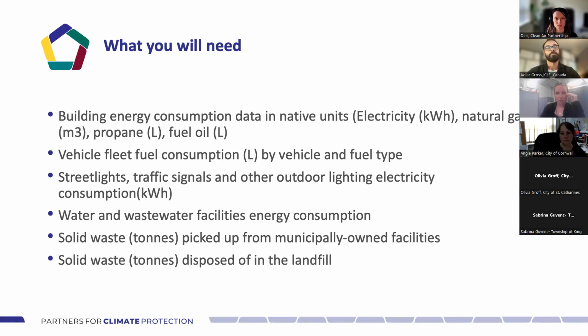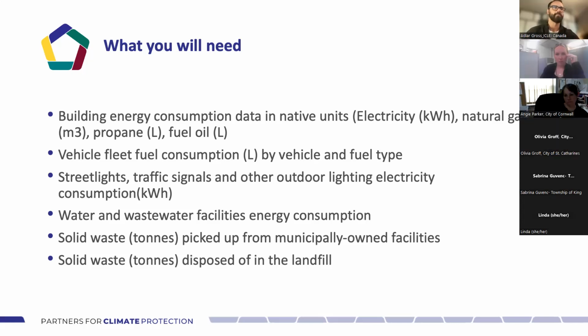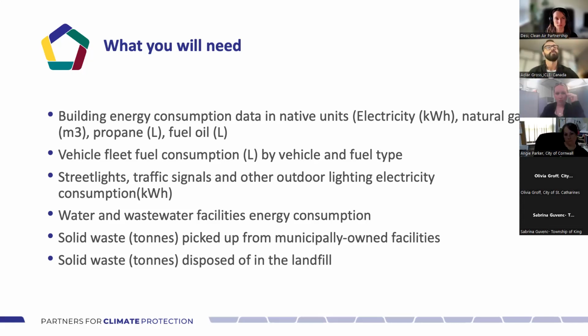You want your vehicle fleet fuel consumption, so gasoline and diesel, and ideally broken out by vehicle type and fuel type. Then all of the street lights, traffic signals, and any other outdoor lighting, like parks, anything that's owned by the municipality, just your electricity consumption from that.